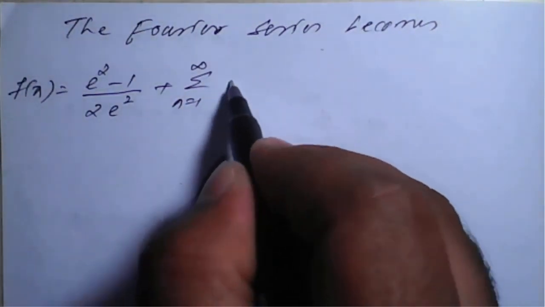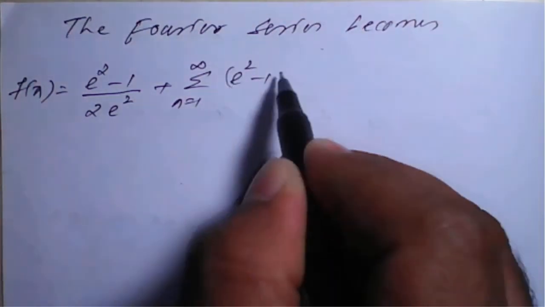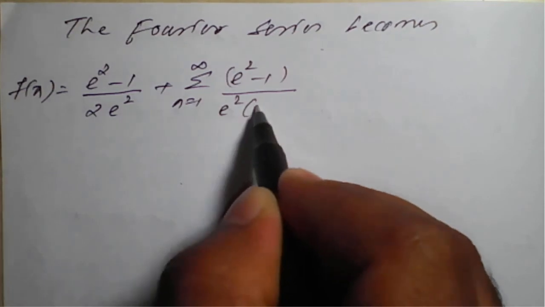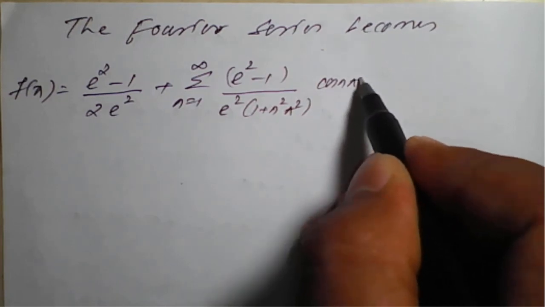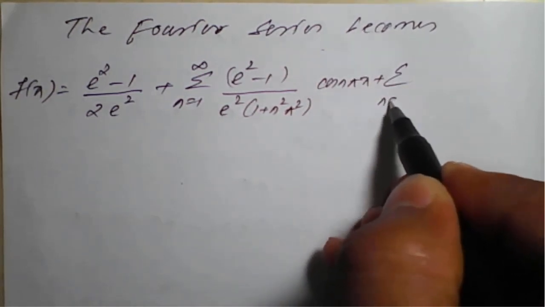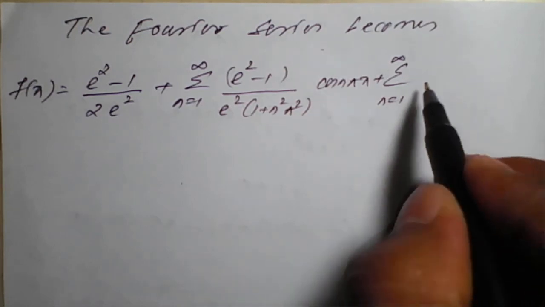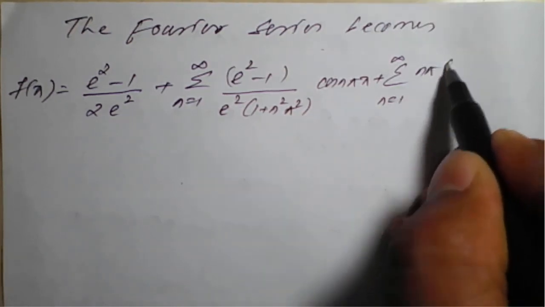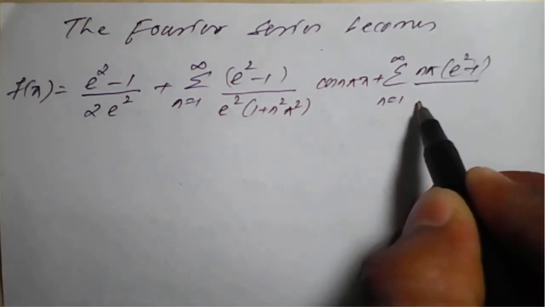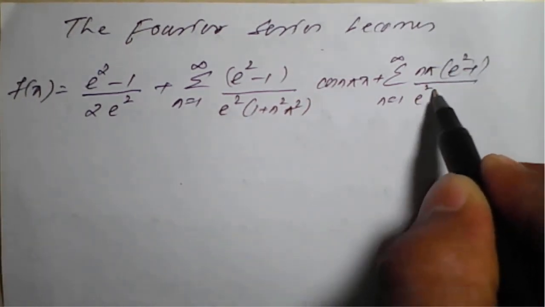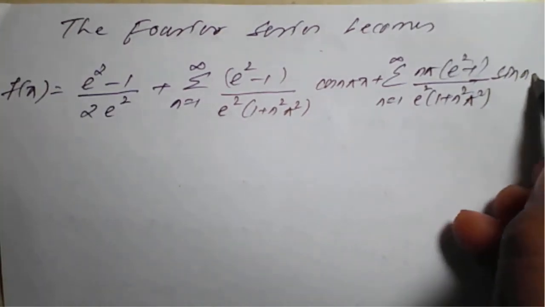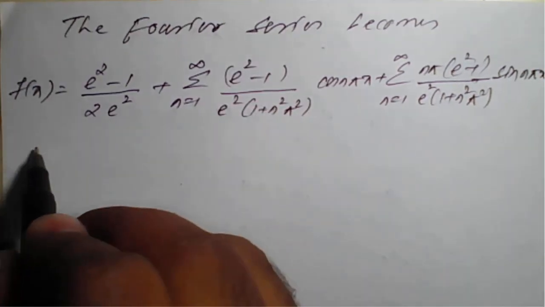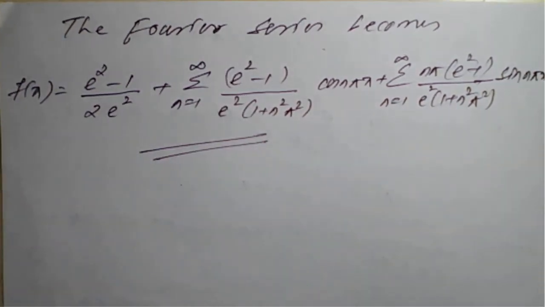The a_n value is e squared minus 1 divided by e squared into 1 plus n squared pi squared, into cos of n pi x, plus summation n from 1 to infinity. The b_n value is n pi into e squared minus 1 divided by e squared into 1 plus n squared pi squared, into sine of n pi x. So this is the required solution for the given function e raised to minus x.